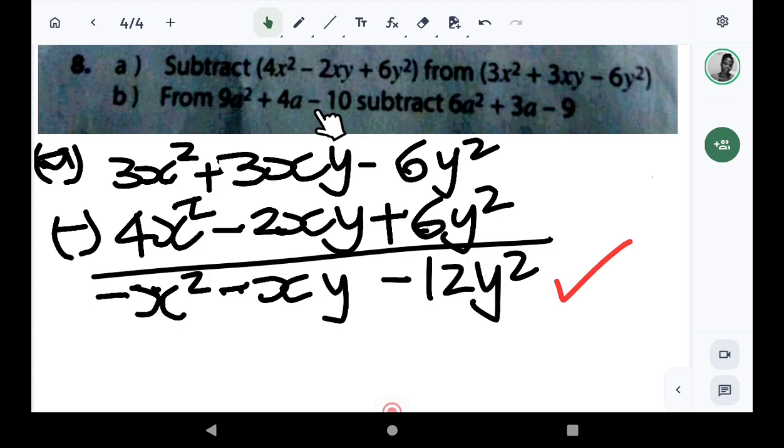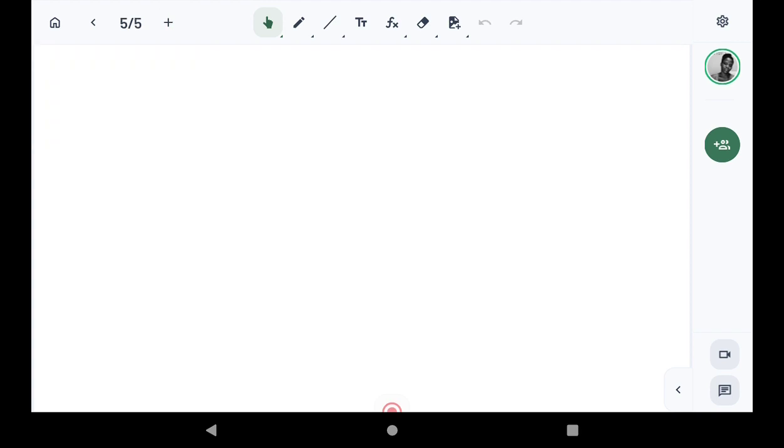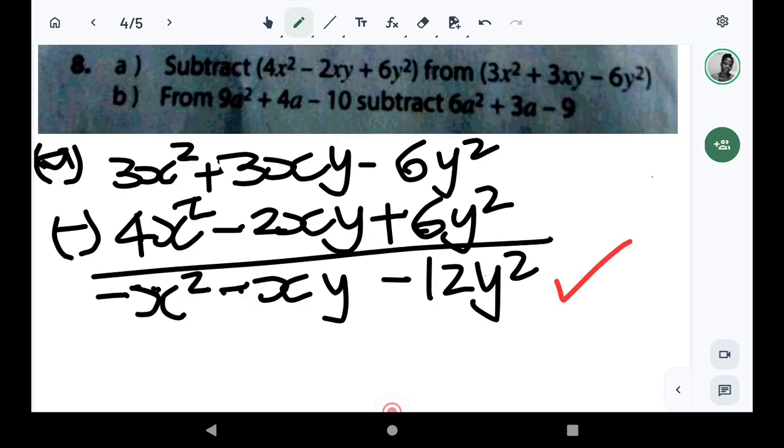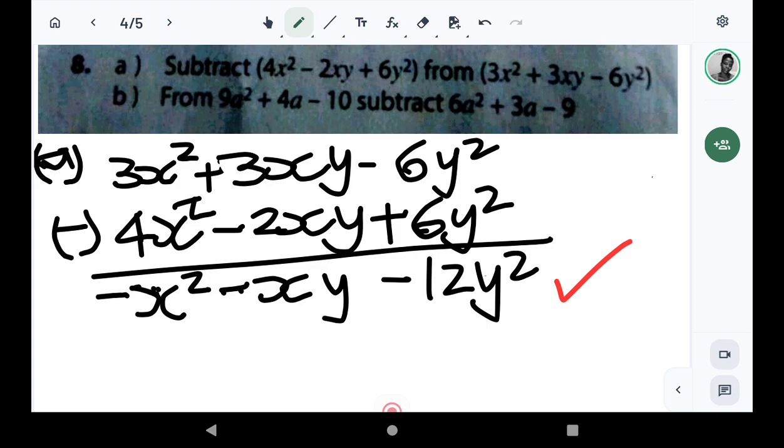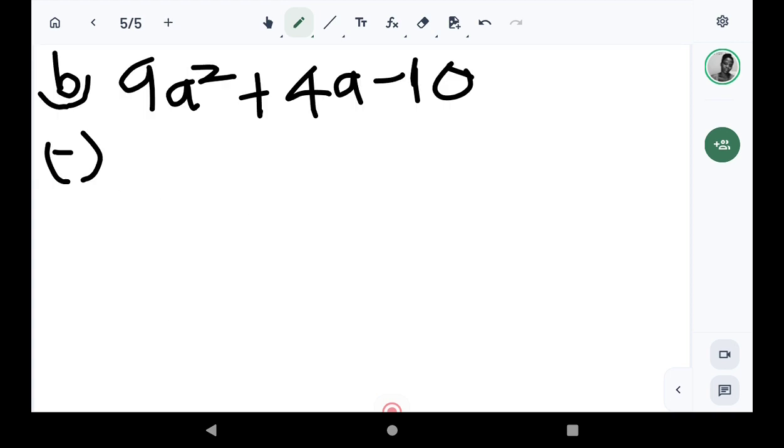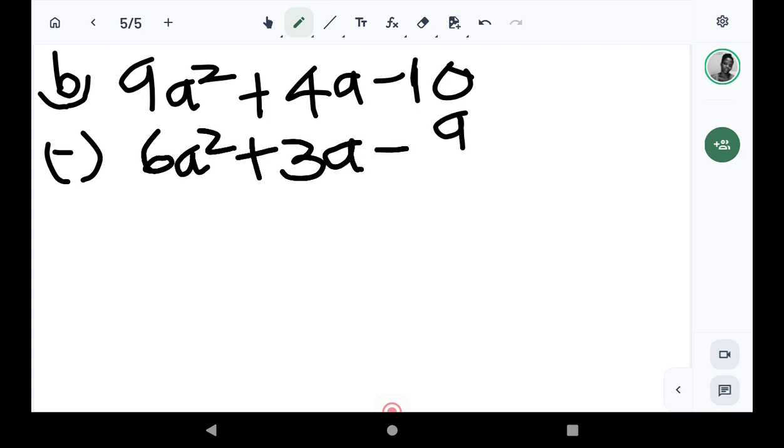So 9a squared plus 4a minus 10, minus 6a squared plus 3a minus 9.